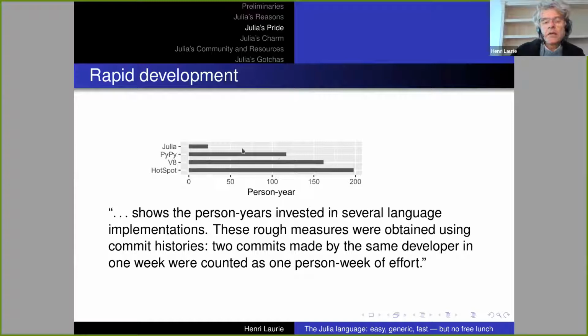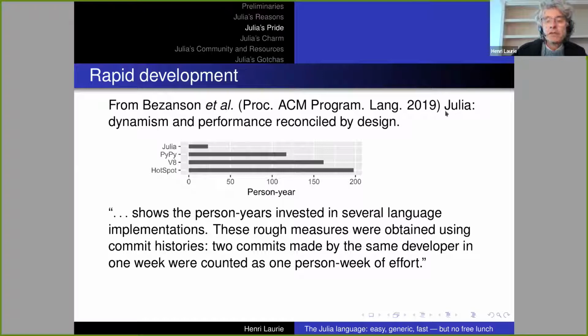So I don't quite know why Julia is so much smaller than these. There isn't really much indication from the paper where I took this from, which is a 2019 paper. Bezanson, whom I've mentioned, is one of the founders. And the paper is called Julia: Dynamism and Performance Reconciled by Design.